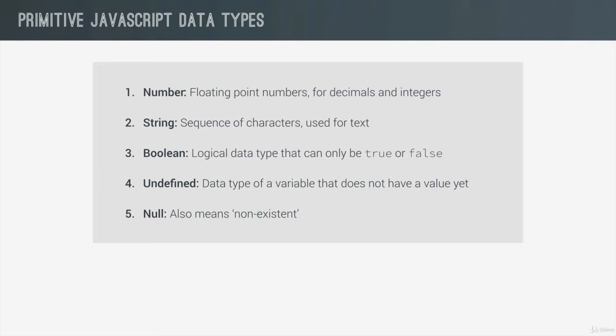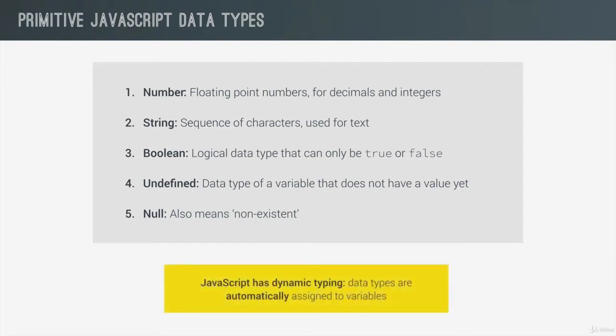Now, before we move on, there's something very important to note here, which is that JavaScript has a feature called dynamic typing. And this means that we do not have to manually define the data type of a variable, unlike in many other programming languages. So basically, JavaScript automatically figures out if a variable is a string or a number, or if it's undefined or a Boolean, and then assigns that data type to the variable without us having to do anything.